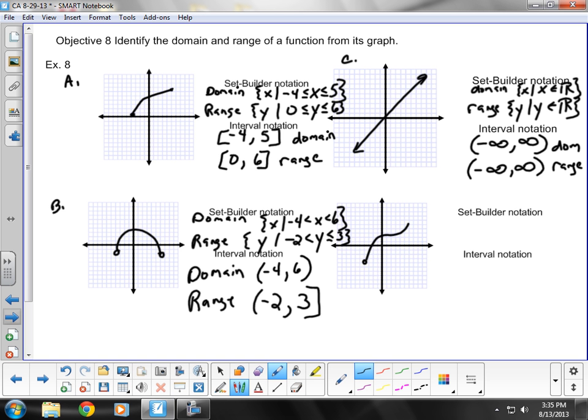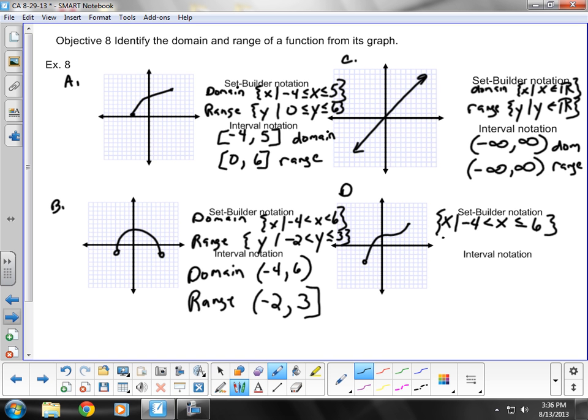Then on the set builder notation on the very last example, here on my x values, I have x's such that, now I want you to notice that the bottom one here is supposed to be open, the top one's supposed to be closed. So I'm going from -4, and it's less than x, and it's less than or equal to 6.